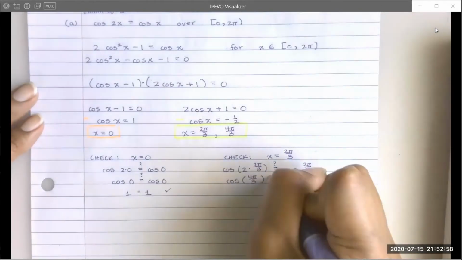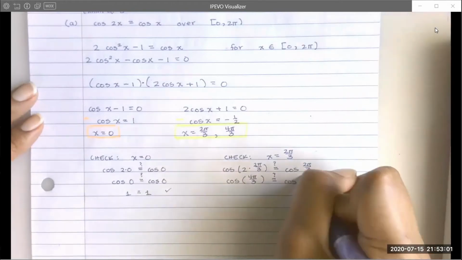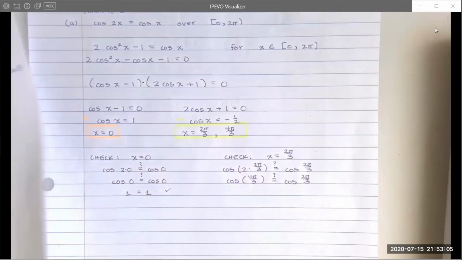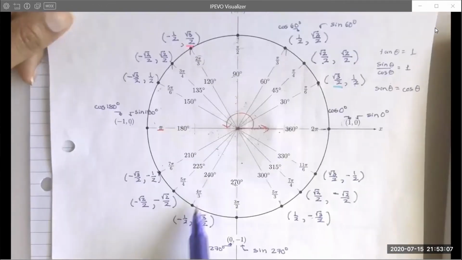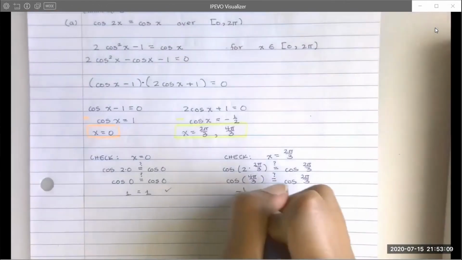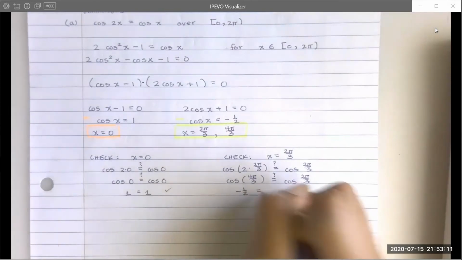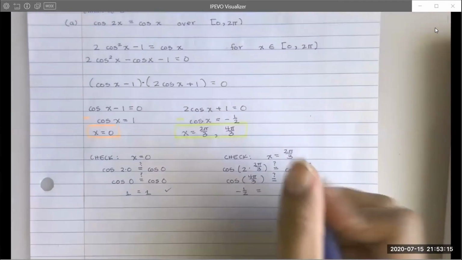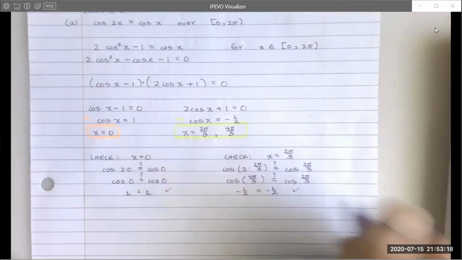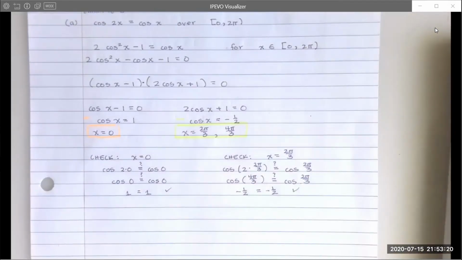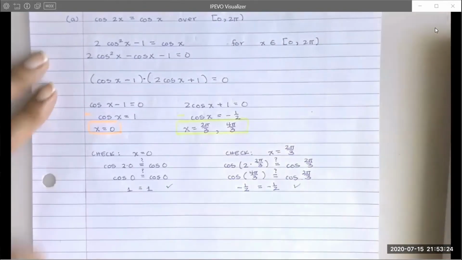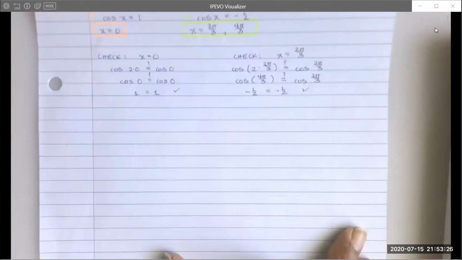Is it true that that equals cosine of 2 pi over 3? Well, let's see. Cosine of 4 pi over 3 is negative 1/2. Cosine of 2 pi over 3 is also negative 1/2. So that checks out as well. In a similar way, you can go in and check 4 pi over 3. I won't do it, it's the same work, but you can give it a try.